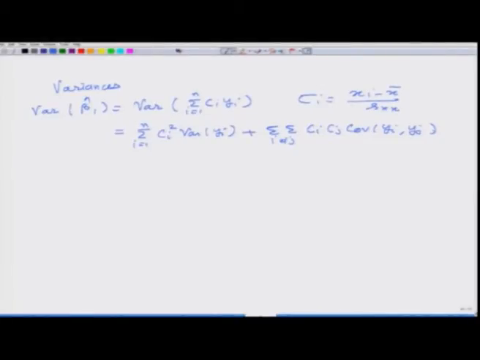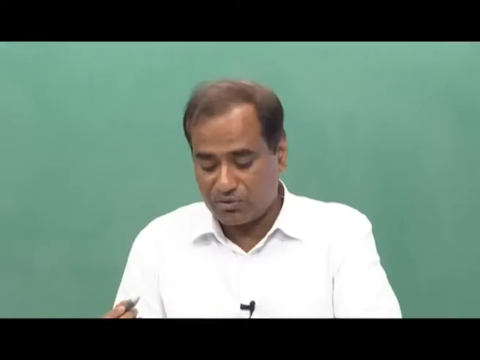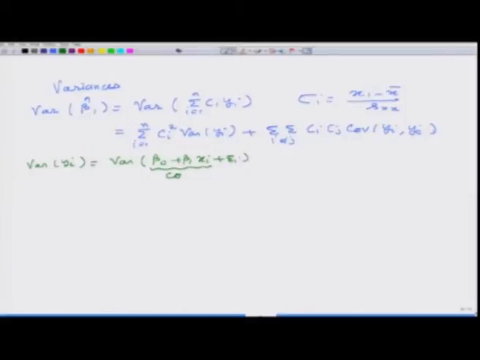Now, I need to find out these terms. So let me try to find out this variance of y i first, separately. So the variance of y i is nothing but the variance of beta 0 plus beta 1 x i plus epsilon i, right. Since I have assumed that beta 0 and beta 1 are non-stochastic and fixed values, and x i is also fixed, it is not random, this entire part becomes constant.